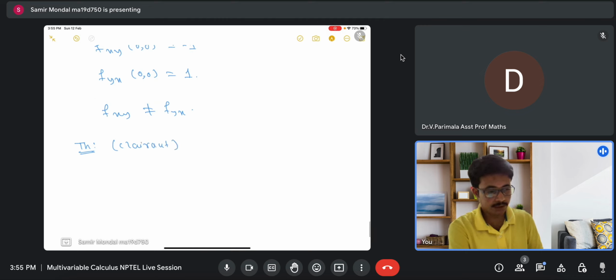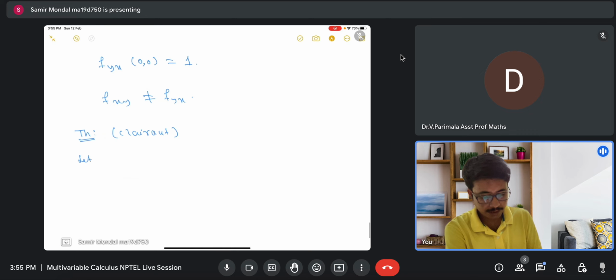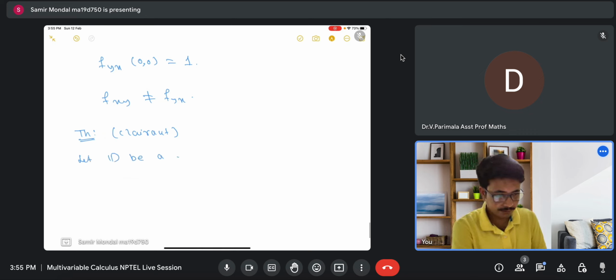Clairaut's theorem, what it says is: let D be a region in R2.